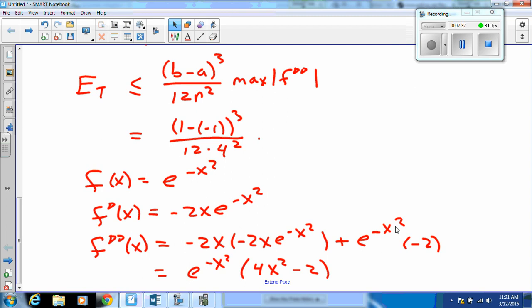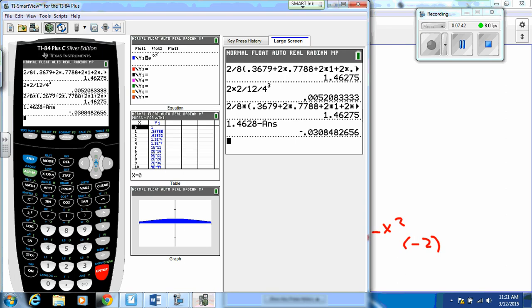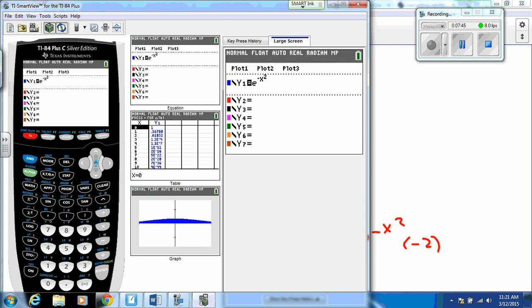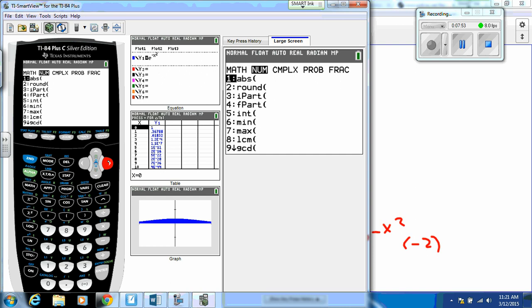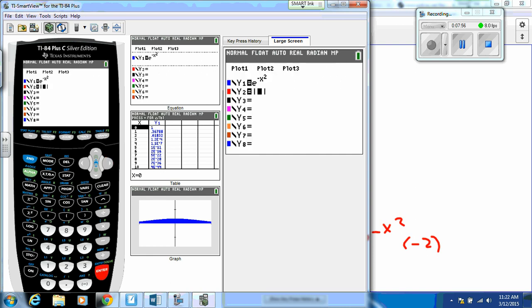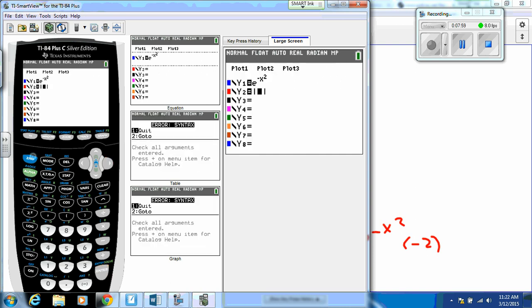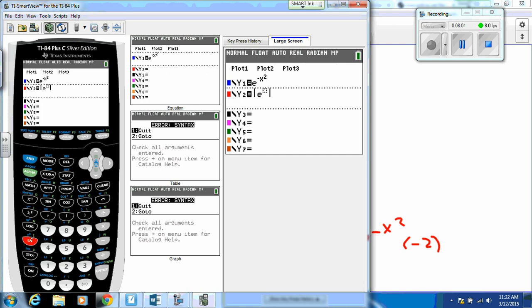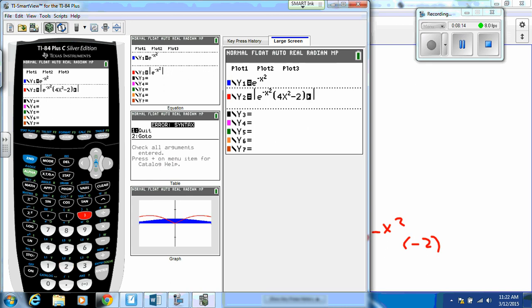Well, okay, so how does that help me? How am I going to find the maximum of the absolute value of this expression? I'm going to let the calculator handle it. I'm going to go back to y equals and let my y2 equal the absolute value of the e to the negative x squared times 4x squared minus 2.